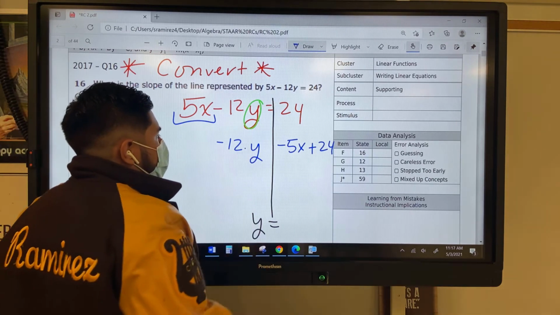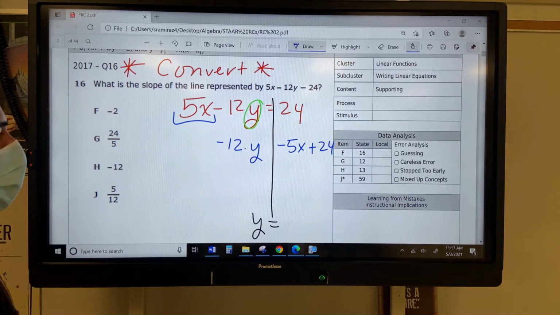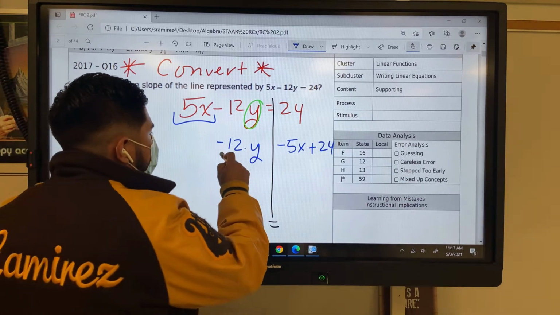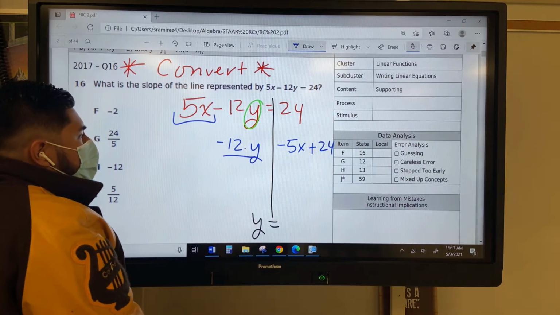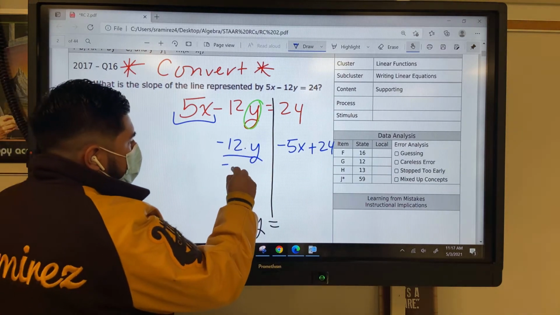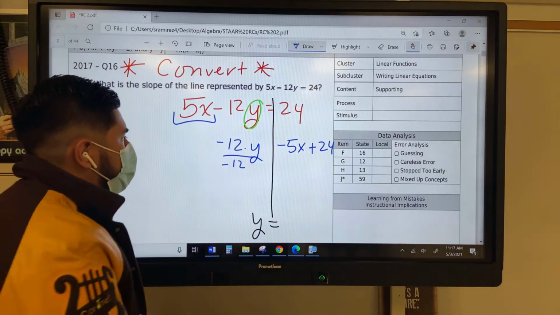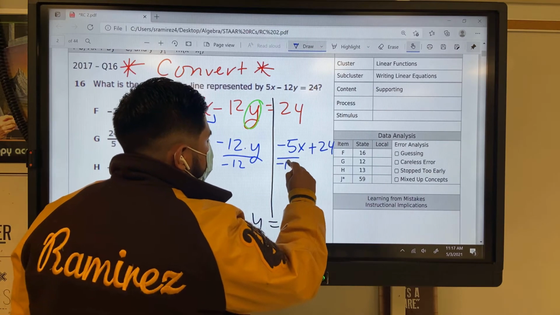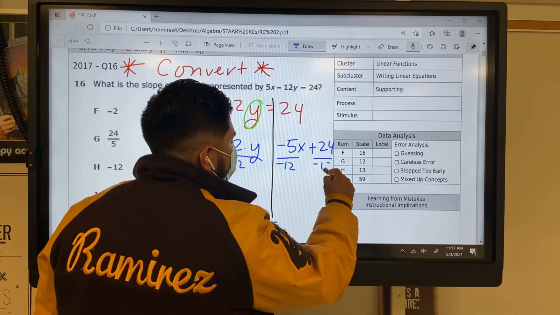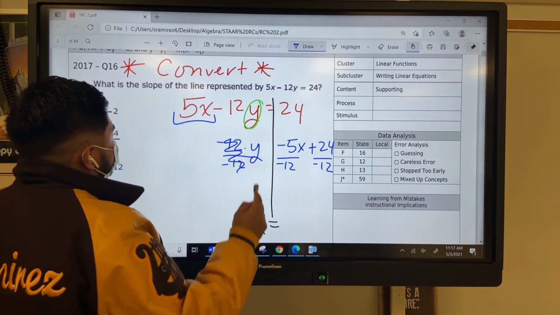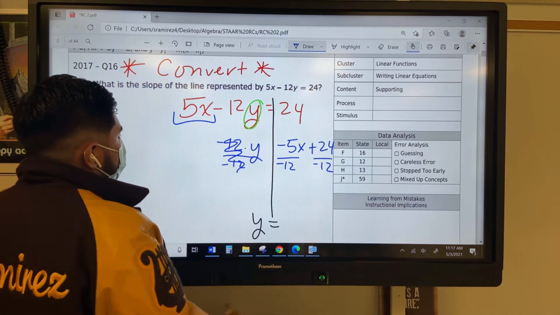The negative 12 and the y are married. They're multiplying. How do I get rid of them? Divide. Divorce. What do I divide by? The guy in front, negative 12. What I do to this side, I must do to the other side. Negative 12, negative 12. This disappears. There's my y equals. That's what I want.